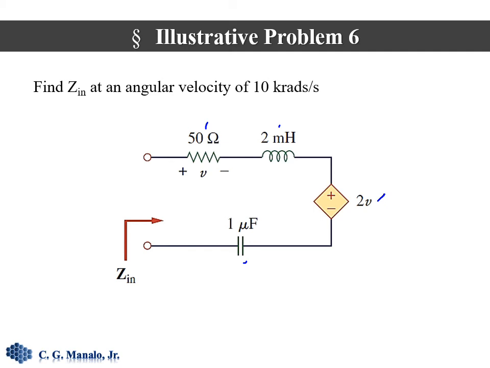So our first step here is to assume that we connect this circuit to a sinusoidal source. And after doing this, we can convert it to its phasor equivalent, which looks like this.